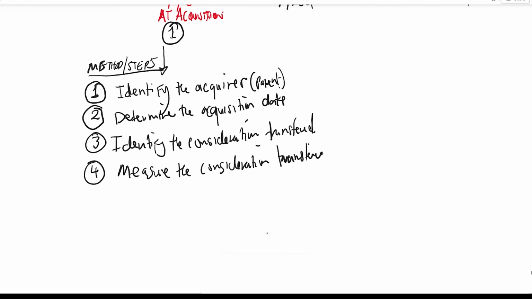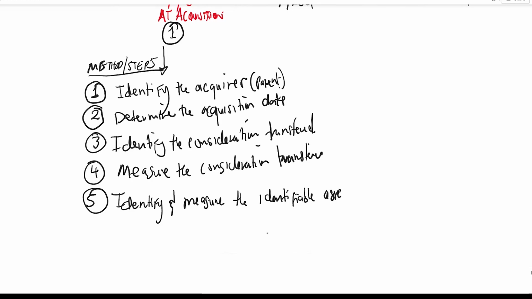Okay, once we're done with that, remember there are 8 steps. Step number 5, identify and measure identifiable assets acquired and liabilities assumed. So it's identify and measure. After you've identified, then measure the identifiable assets that are acquired and liabilities that are assumed.